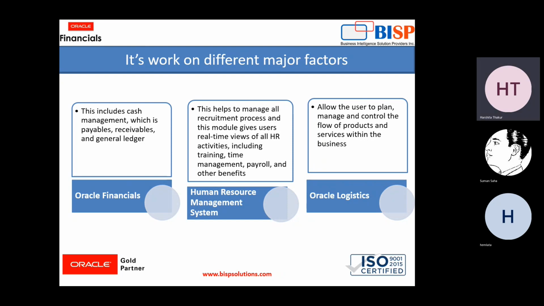Then there is human resource management system. This helps to manage all recruitment process, and this module gives users real-time views of all HR activities including training, time management, payroll and other benefits. Then there is Oracle Logistics, which allows the user to plan, manage and control the flow of product and service within the business.